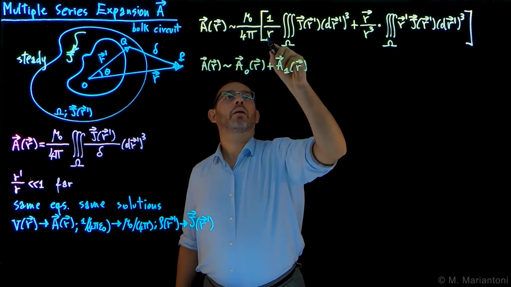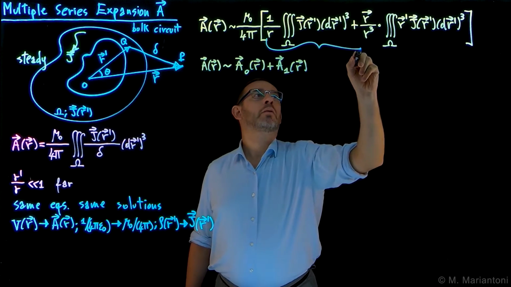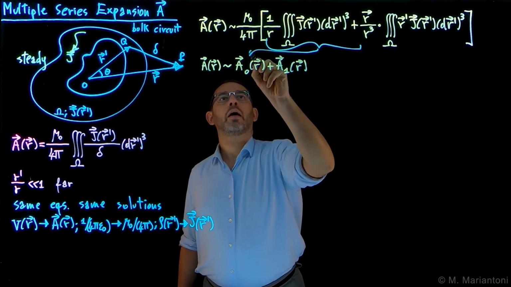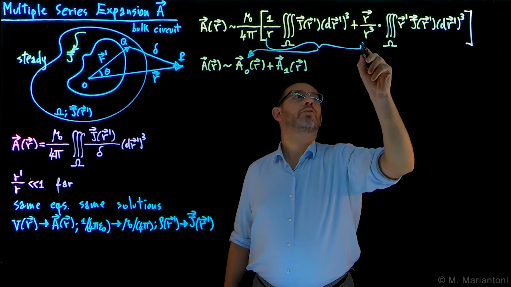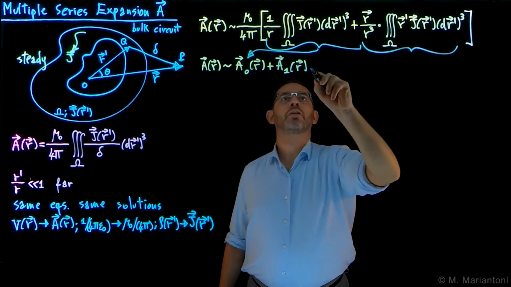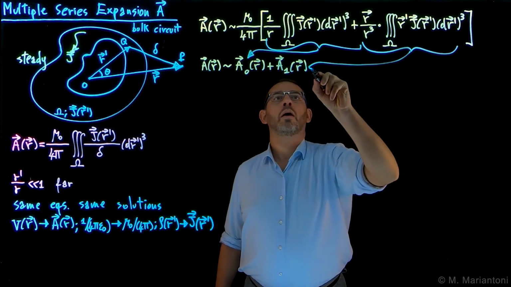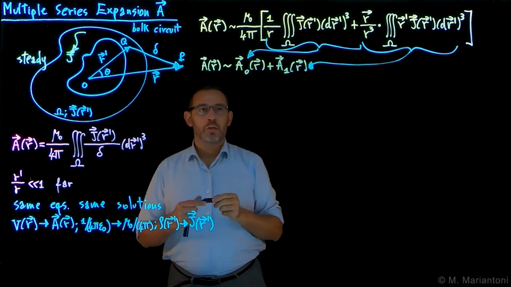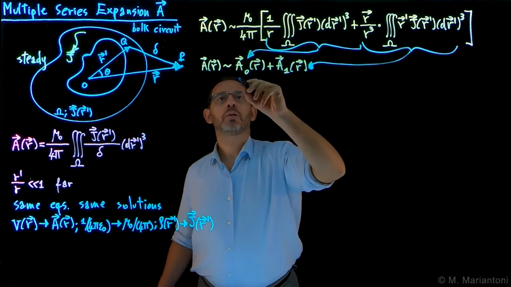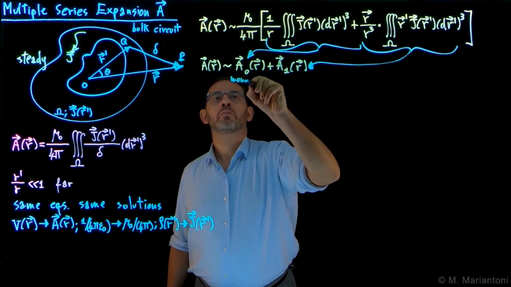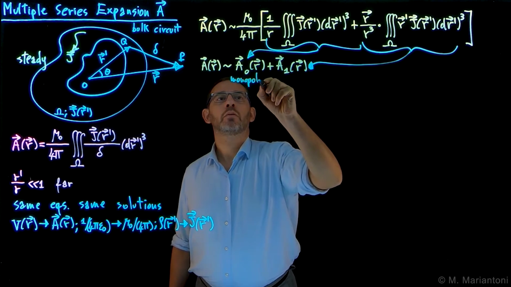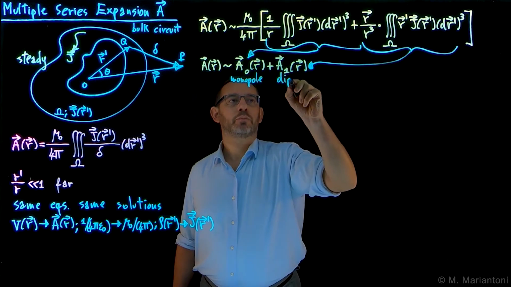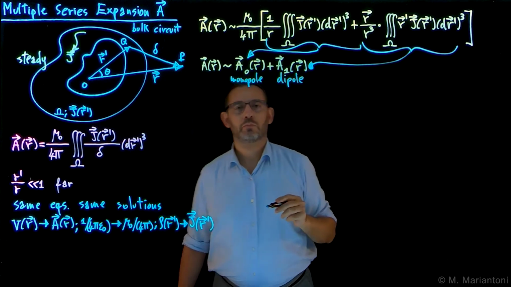So this one is A naught, and this one gives rise to A1, okay? So we have our monopole term and our dipole term, as always.